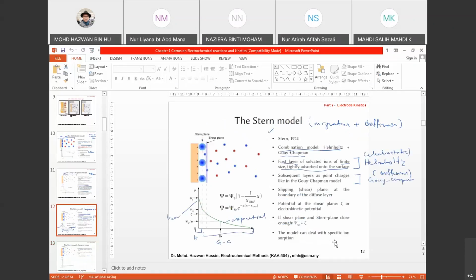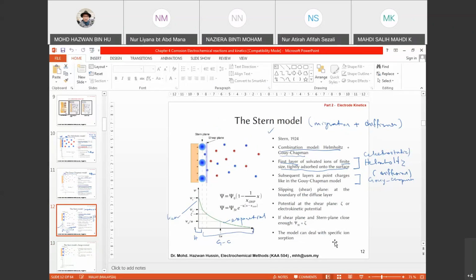And finally, we have the Stern model. The Stern model is a combination of the Helmholtz model and Gouy-Chapman. So it accounts for both migration and diffusion. What happens in the Stern model is that migration occurs first, electrostatic interaction occurs first, and after that it is followed by diffusion.